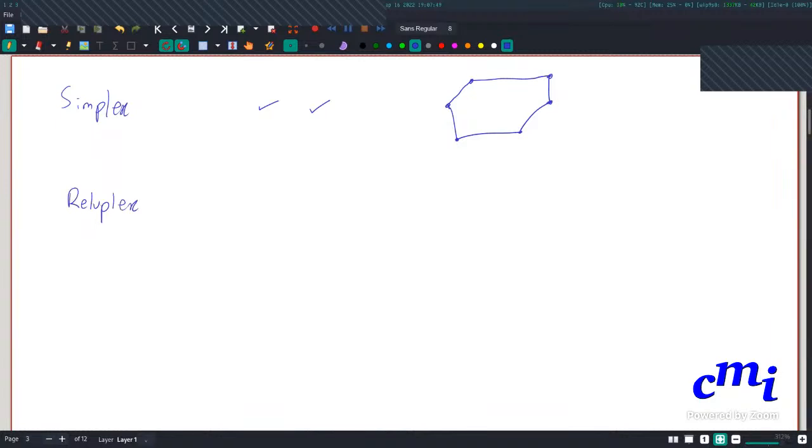In ReluPlex, you're still looking at finite sets of values. You still have some set of linear constraints coming from the linear layers, and you have some ReLU constraints, right? And you're still looking at one particular assignment, which means that you're at the intersection point of all the linear constraints, and some of the ReLU constraints are satisfied, and some of them may be unsatisfied.